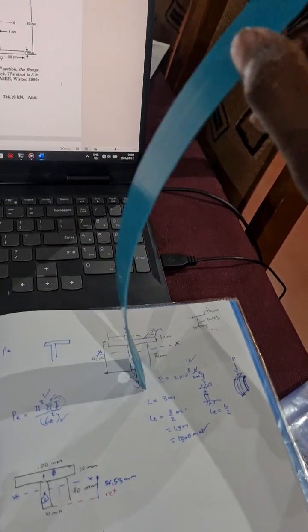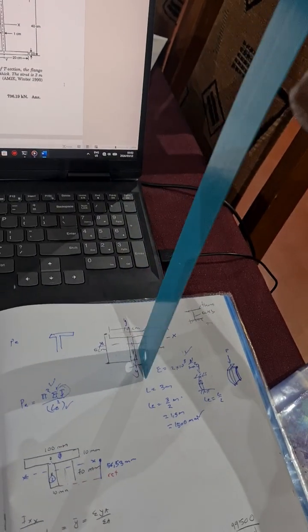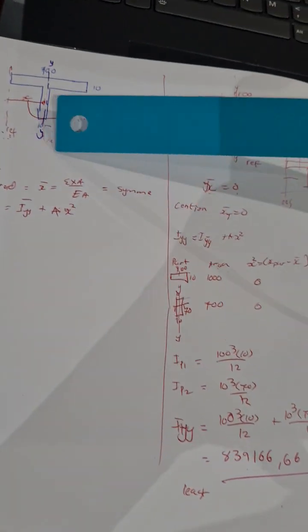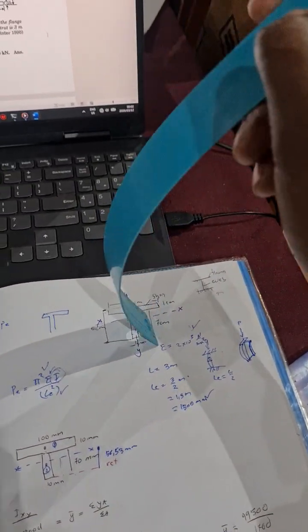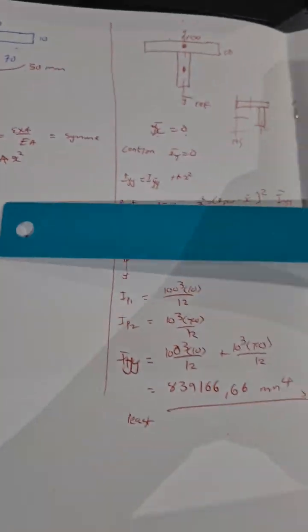So that's what it means. This is the least. If this one IX was the least one, it was gonna bend. Obviously, it's gonna bend like this. You see, it's difficult to bend because it's not the least one, it's the long one. So yeah, it's gonna bend by IYY. Obviously a roller is not a T junction.